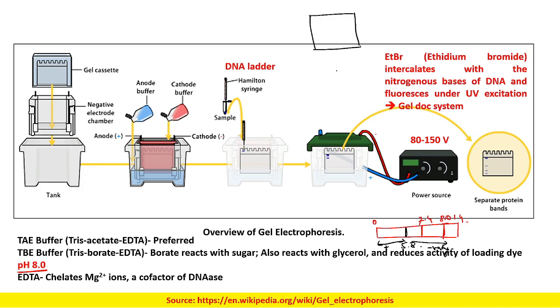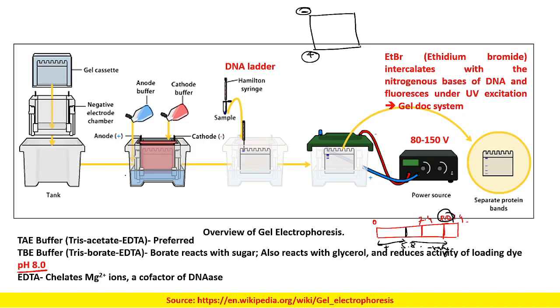Whether it is top to bottom or left to right, from near the sample towards the bottom, the anode. So when you use a pH of 8, you are basically ensuring that your proteins, nucleic acids, whatever you are analyzing, are sufficiently negatively charged and you are able to resolve the gel properly.